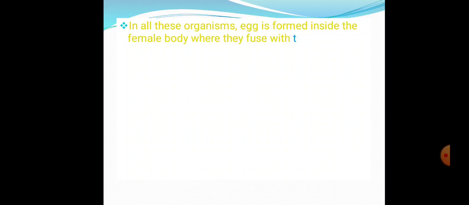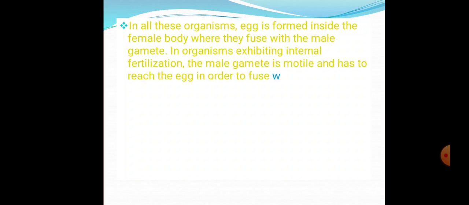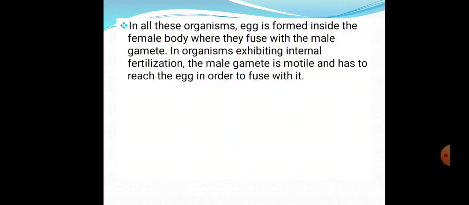In all these organisms showing internal fertilization, the egg is formed inside the female body where it fuses with the male gamete. In organisms exhibiting internal fertilization, the male gamete is motile, which can show movement and has to reach the egg in order to fuse with it.